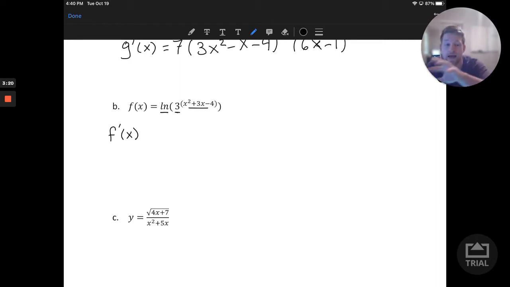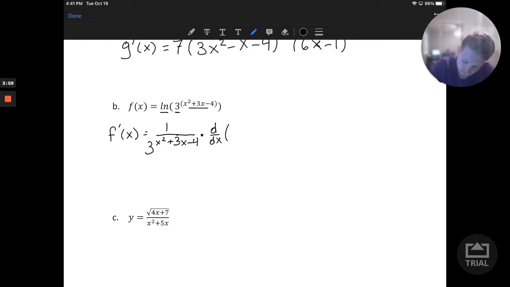So let's consider from the outside in. If I wanted to consider the derivative of any natural log function, I can say, well, I'm going to rewrite whatever's inside my natural log over 1, and then we'll have to take the derivative of what's inside. So let's take that outer derivative. That would be 1 over the inside stuff in the natural log, times, here I'll write it more generally because we'll do a couple lines here, the derivative of the inside stuff.